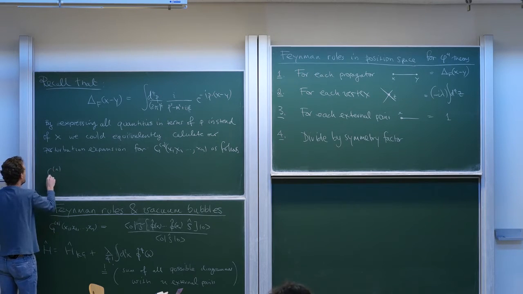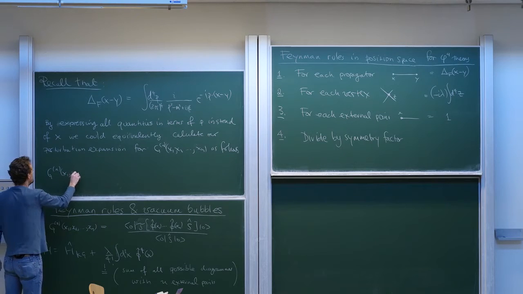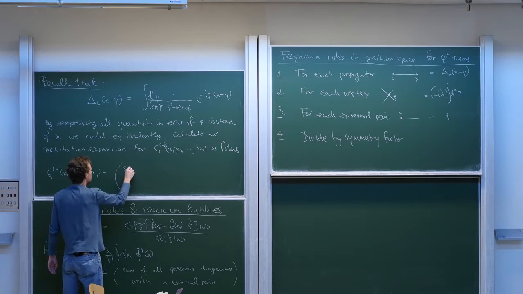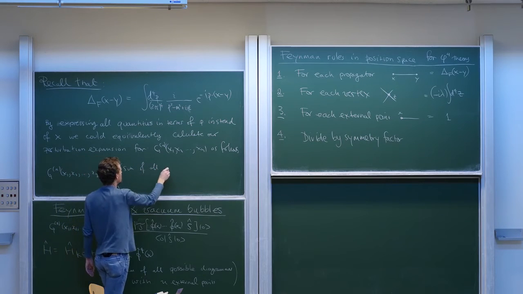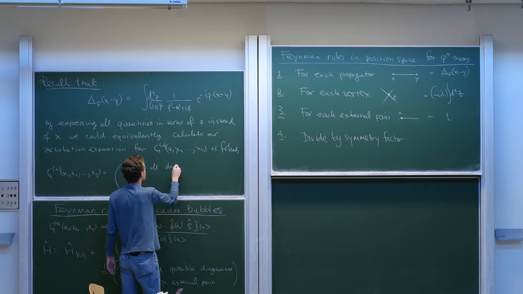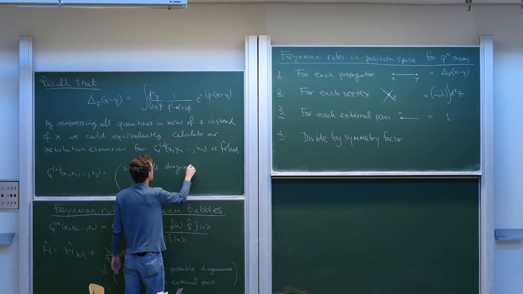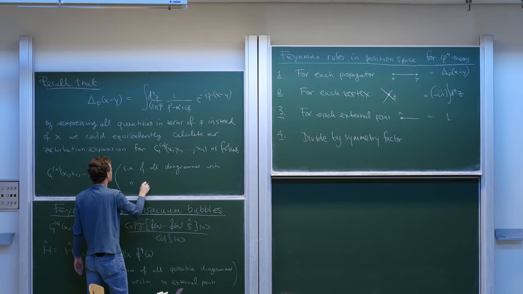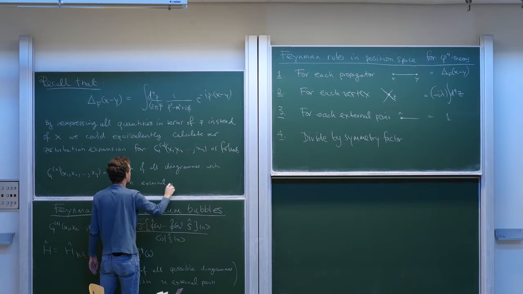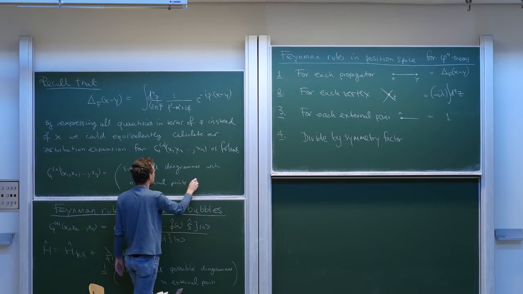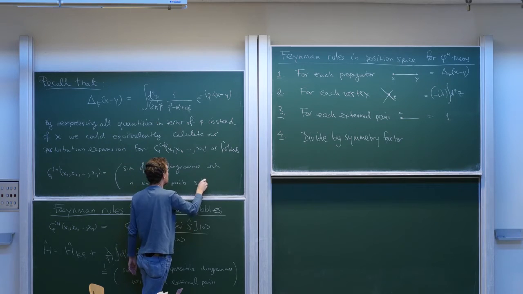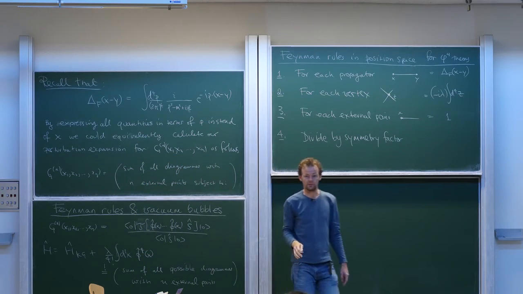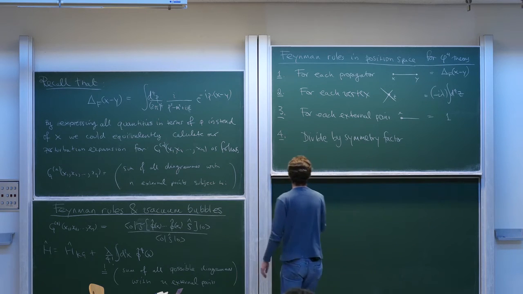So the answer we get then for this Green's function in momentum space, if we did everything in momentum space, is the sum of all diagrams subject to the Feynman rules in momentum space.